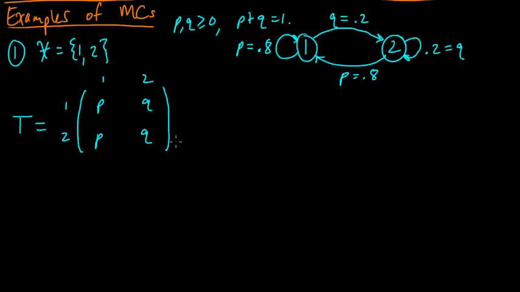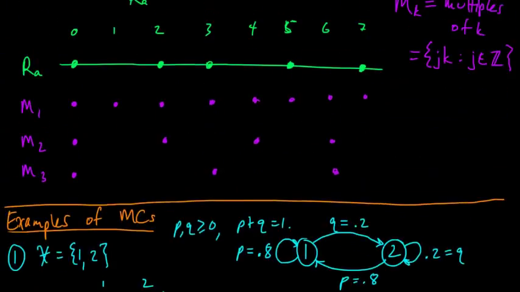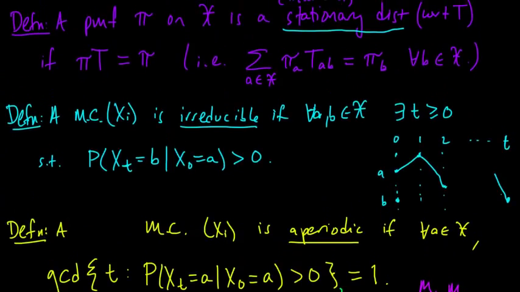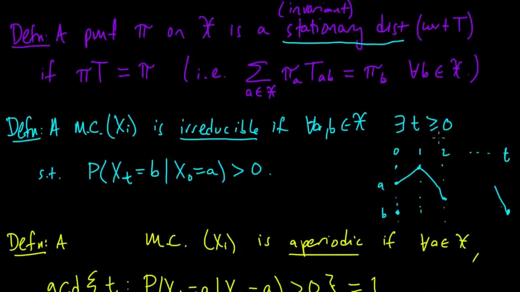And it is a stochastic matrix, as it always must be. It's non-negative, and the rows sum to 1. Let's think about these properties. We defined these properties, and let's see if they hold for this Markov chain.